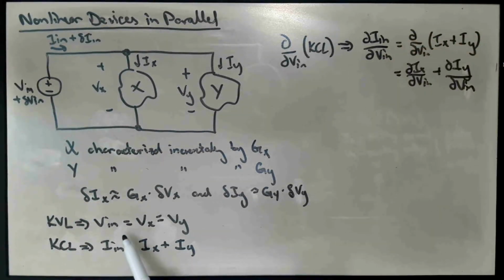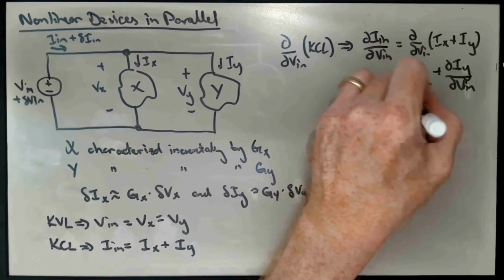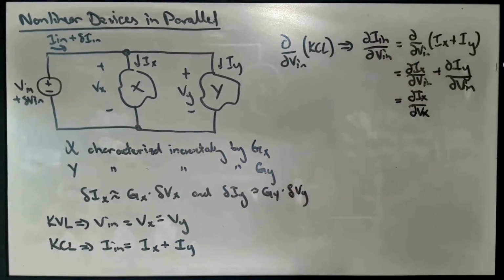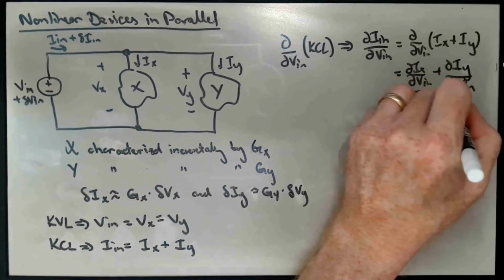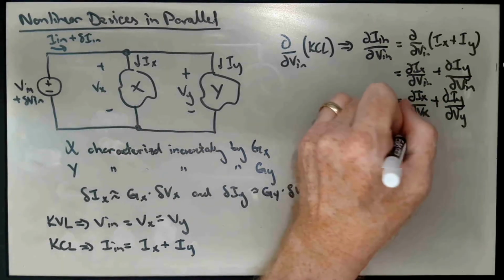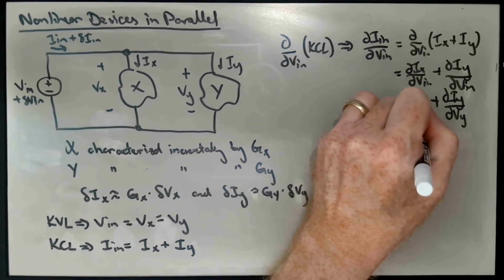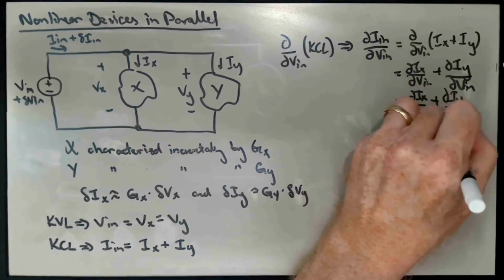And because of KVL, this is equal to dIx/dVx, if we substitute in Vx for Vn, plus dIy/dVy, where we substitute in Vy for Vn, and this is just equal to Gx plus Gy.